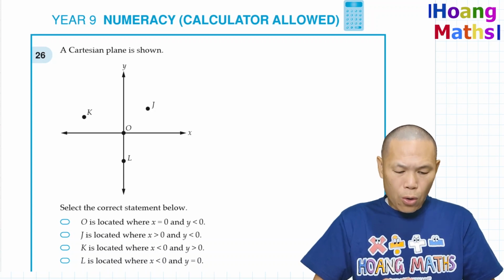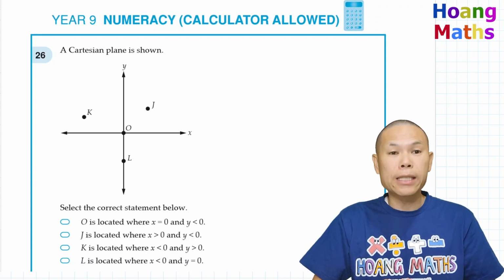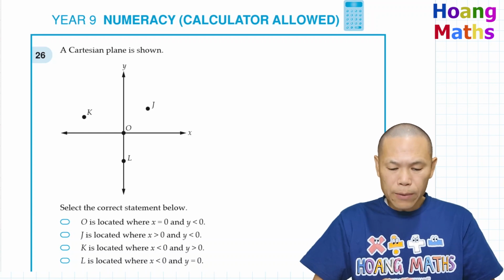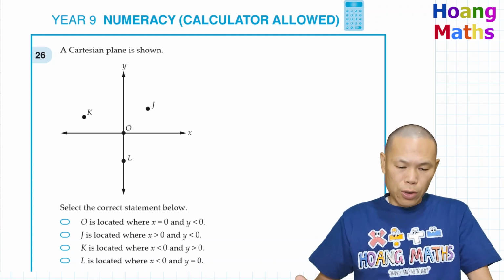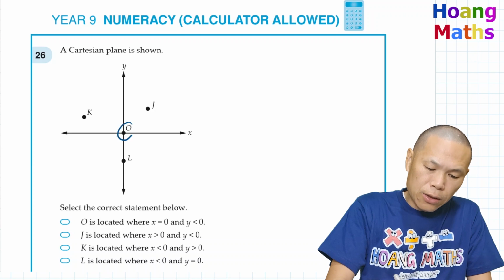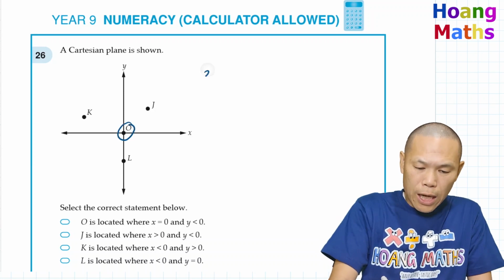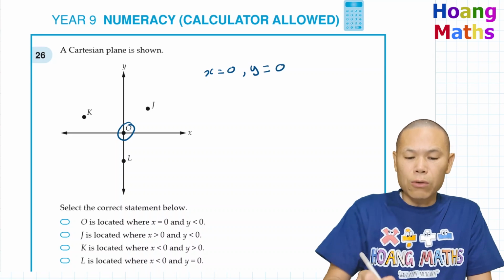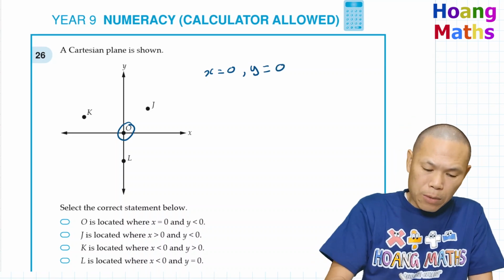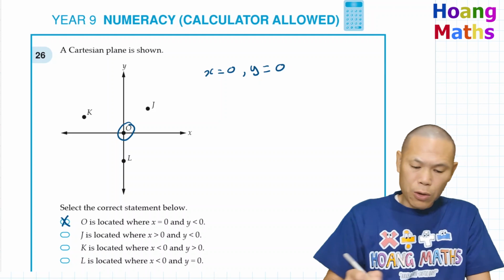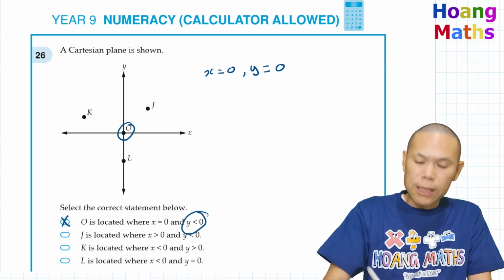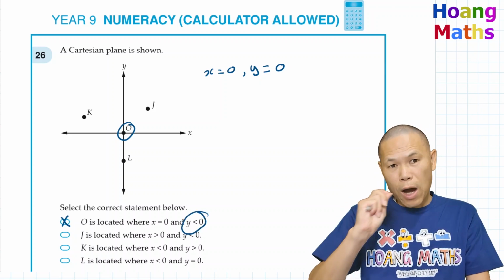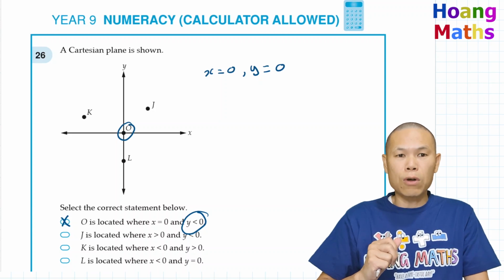First one, O is located where x is equal to 0, y is less than 0. So O is here. In fact, for O, x is equal to 0 and y is equal to 0. So the statement is wrong because it says y is less than 0, when in fact y is equal to 0.